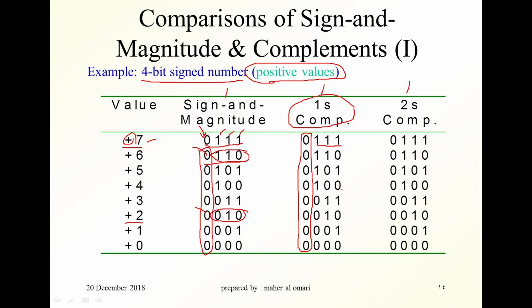This here is the magnitude of the number 4. The same goes for the 2's complement notation. Also, the 0 here indicates a positive number, and these are values for the absolute number. Okay, this is positive 3 in 2's complement notation.